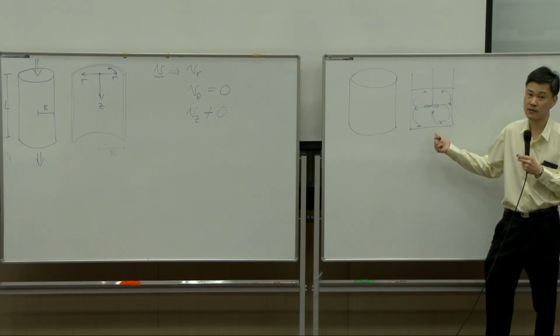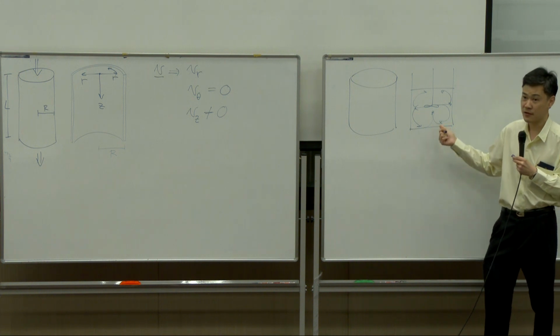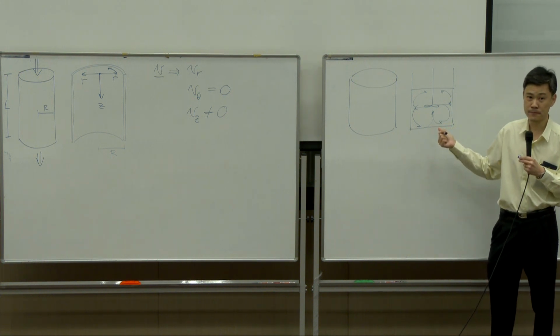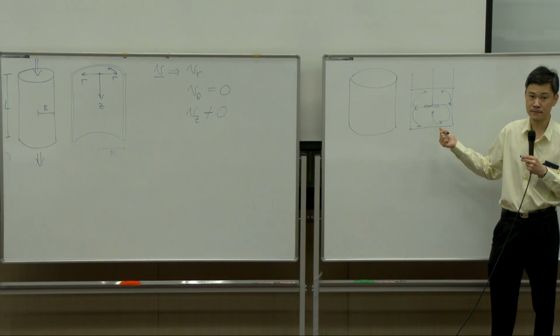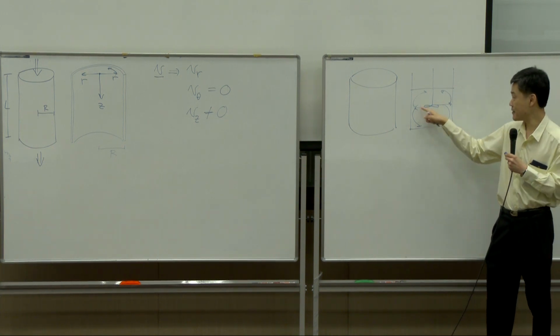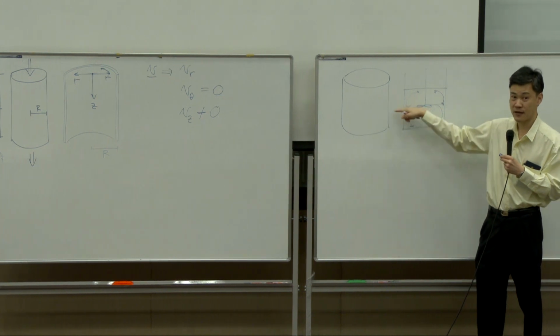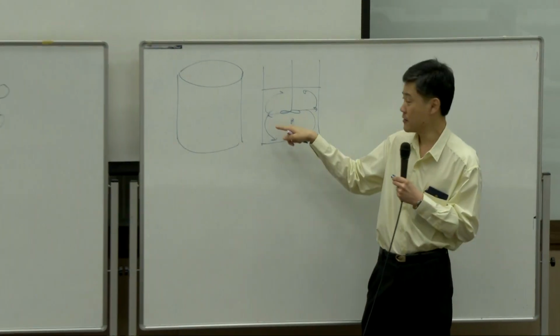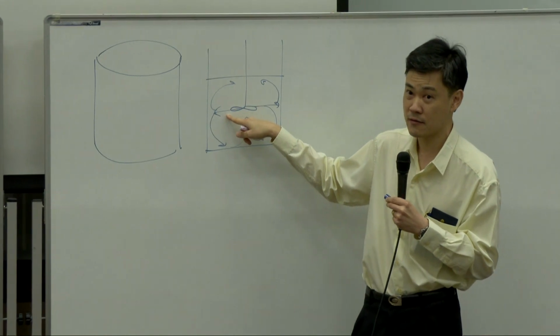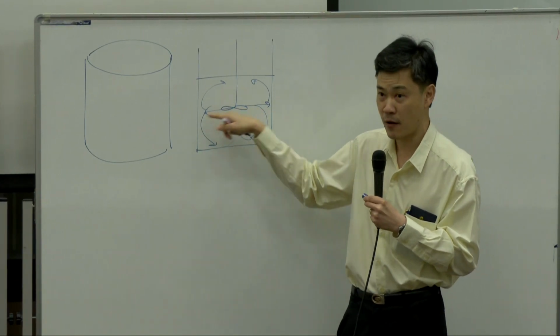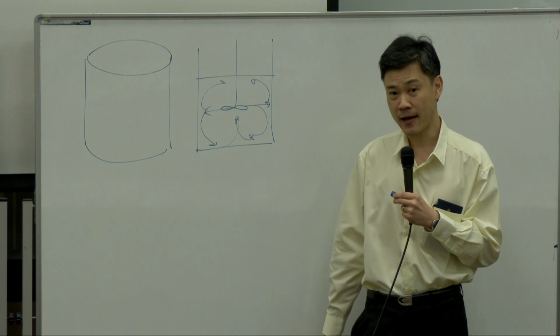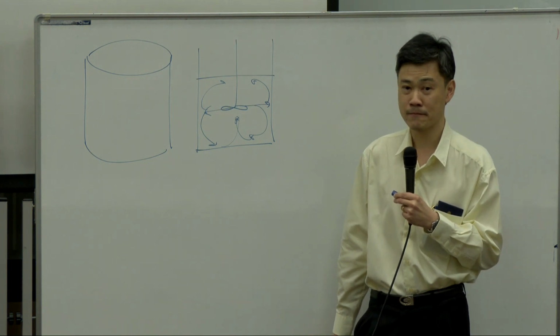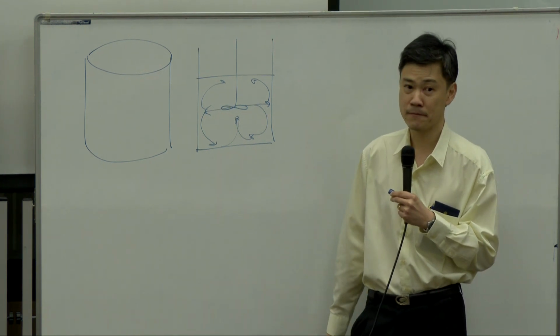That's a mixing tank. In this picture, do we have vr? This is going from the center outward, so this is vr. You have vr in this part. Do we have v theta?